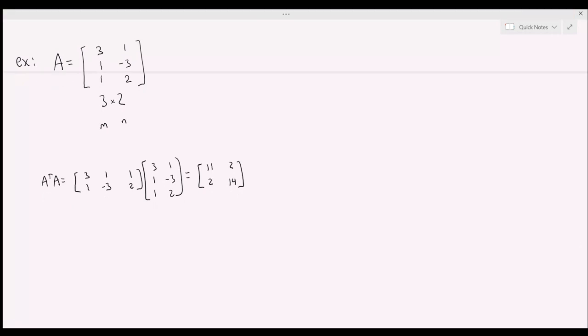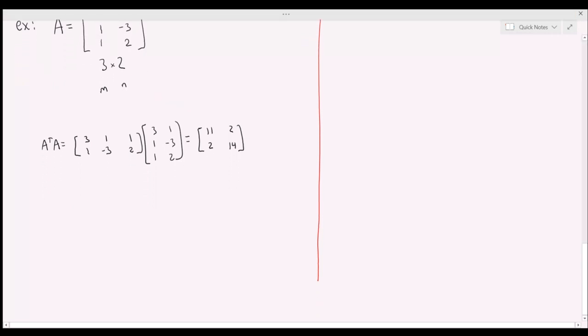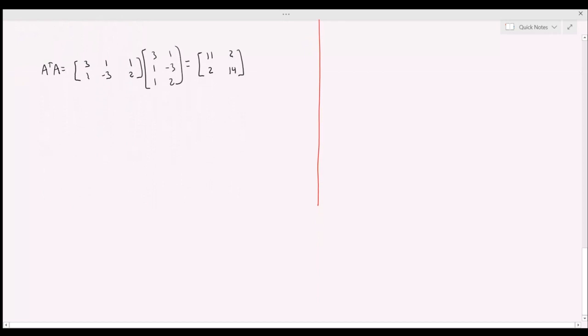Okay, so now that I have A transpose A, I want to find its eigenvalues and its eigenvectors. So for the eigenvalues first, I'm going to do the determinant of lambda I minus A transpose A. So that's going to give me lambda minus 11 and lambda minus 14 on the diagonal.